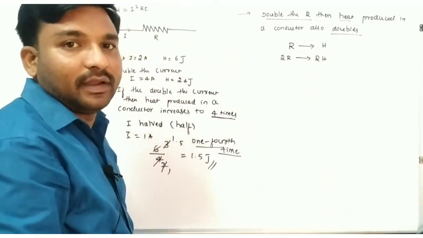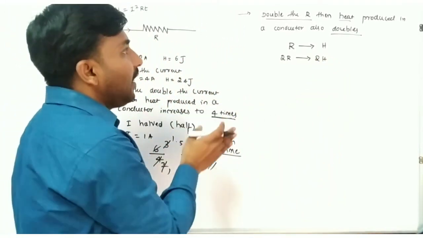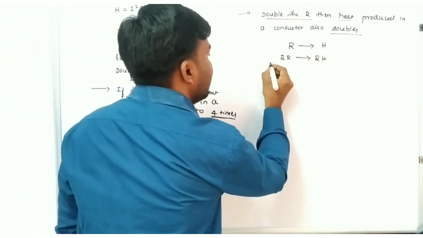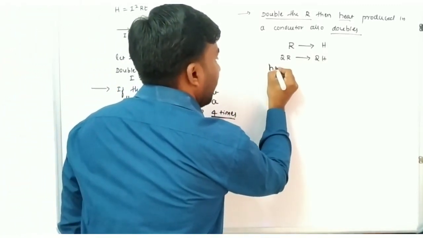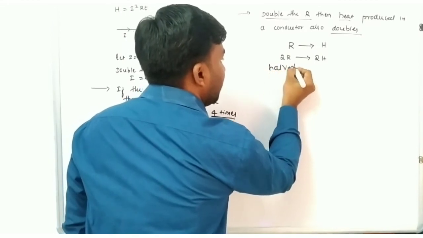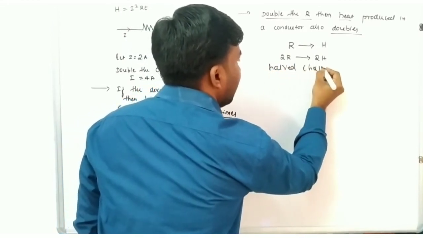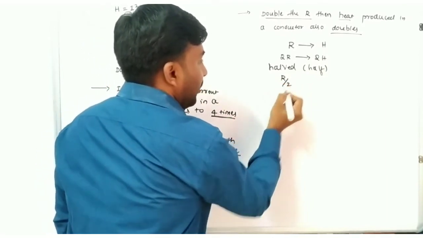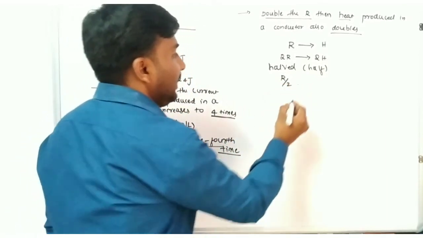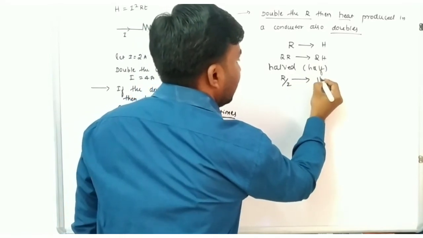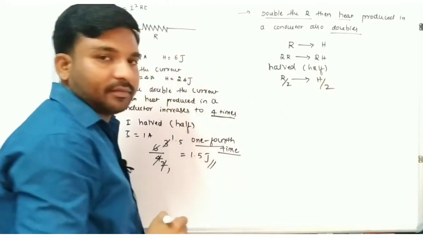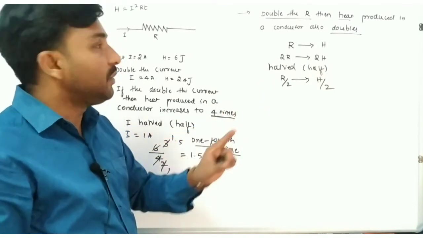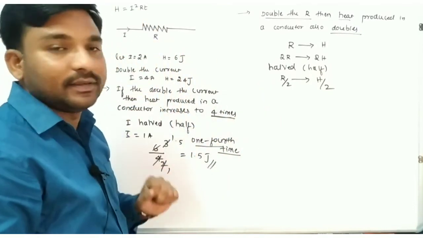We need to understand it like this. Now suppose we make the resistance halved, that is half the resistance, 1/2. The heat produced in a conductor is also halved, right? So this is the second important point we have to remember in terms of resistance.